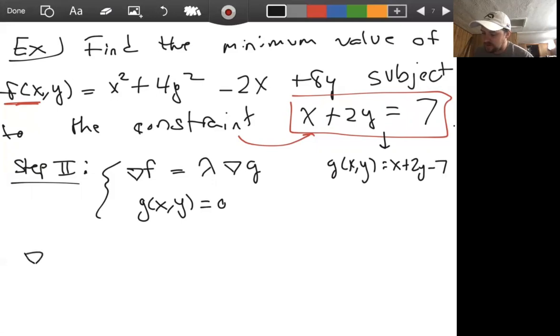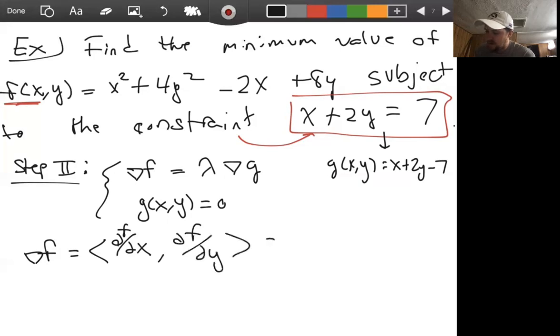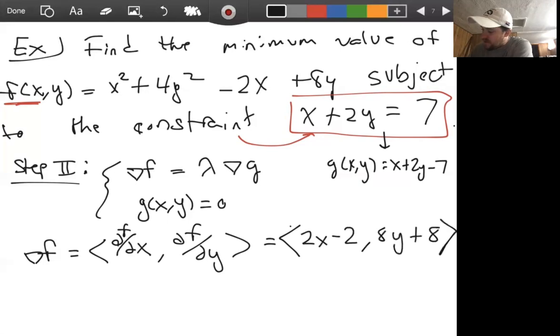Well, we need to calculate the gradient of f. So I'll just kind of remind us what the gradient is, right? It's the vector composed of partial derivatives. And then we calculate the partial derivative of f with respect to x is 2x minus 2, comma, 8y plus 8.